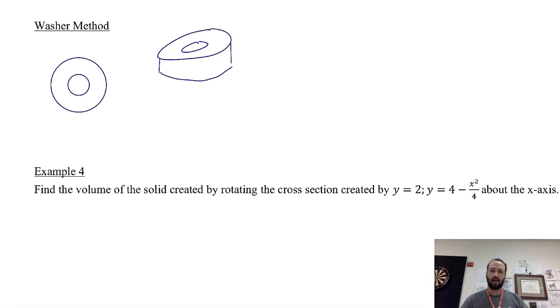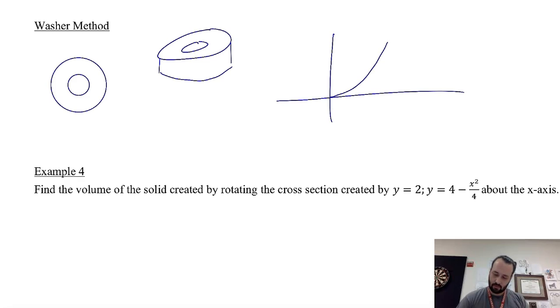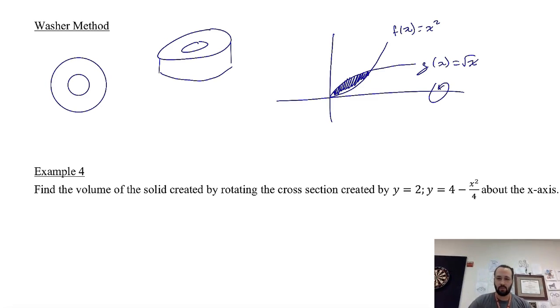So what you're going to have happen here is you will have a graph something like, say I look at x squared and the square root of x. And I want to take this region and I want to rotate it about the x-axis.